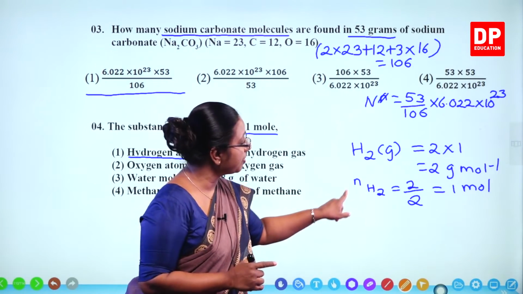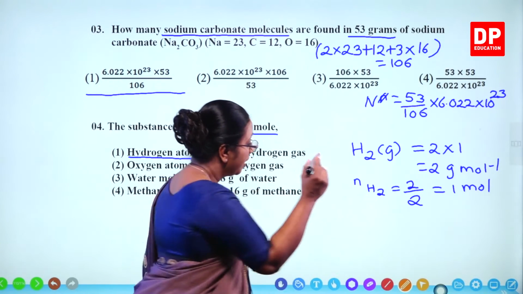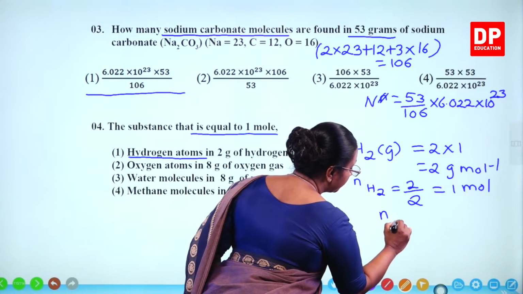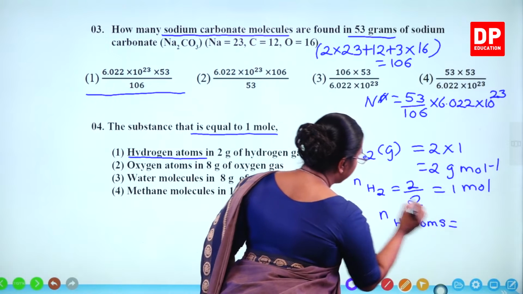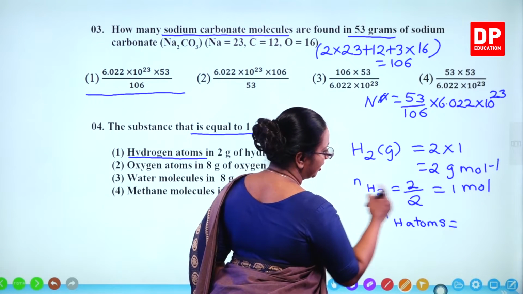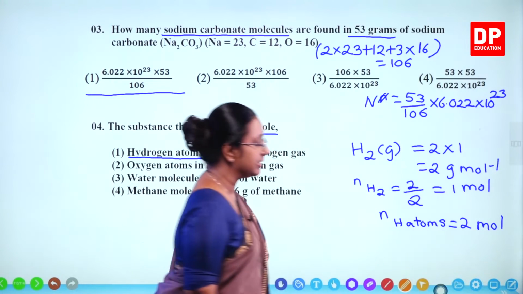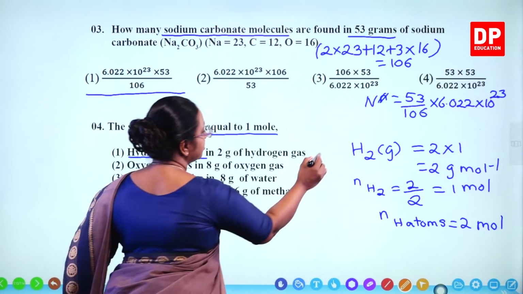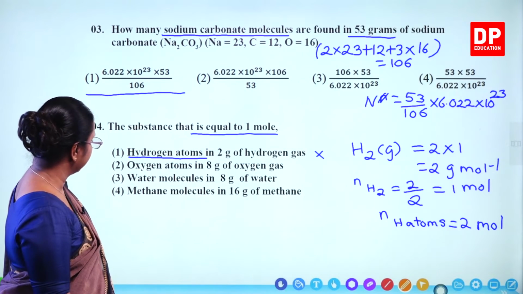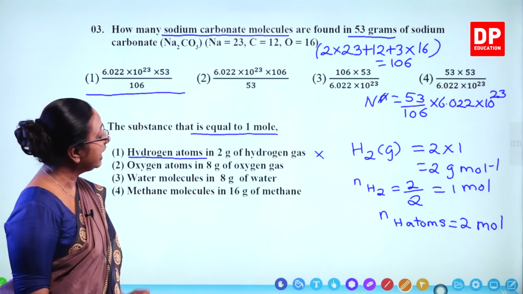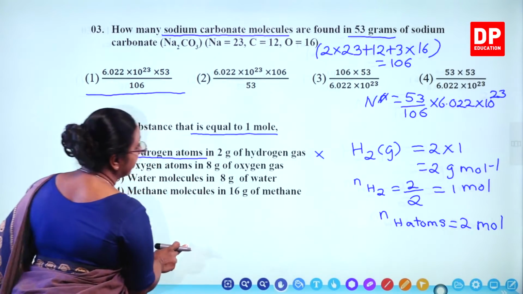This is the number of moles of hydrogen gas, 1 mole. But if you take the number of moles of hydrogen atoms, there are 2 hydrogens in 1 molecule. Therefore, there will be 2 moles of hydrogen atoms. So this is not correct. Then we have to look at the second one. Oxygen atoms in 8 grams of oxygen gas. Again, a similar calculation.